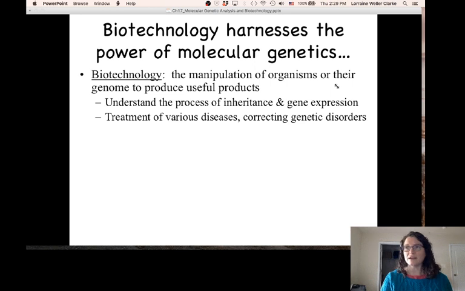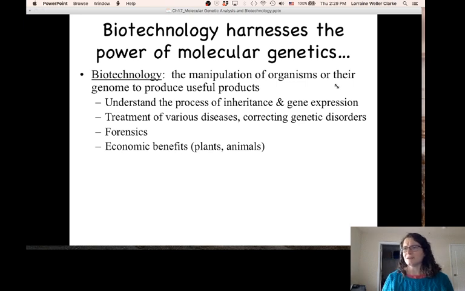We've been talking a lot about the treatment of disease and correcting genetic disorders using molecular genetic processes, the gene therapies that we discussed. And forensics as well. We are going to be talking some about how DNA testing is done to target and sequence and highlight different tags on your actual genetics. And it can provide economic benefits.